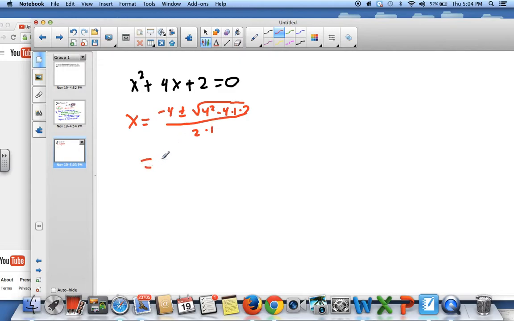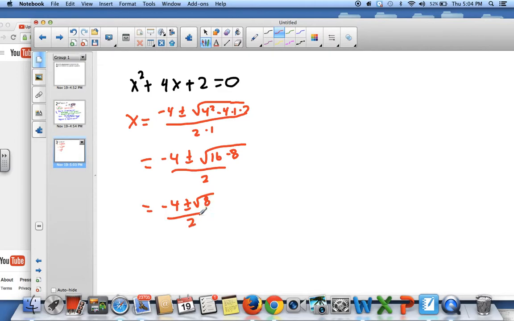And that's going to be equal to negative 4 plus or minus the square root of 16 minus 8 over 2, which is equal to negative 4 plus or minus the square root of 8 over 2.